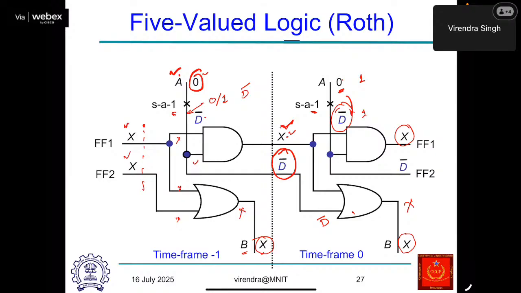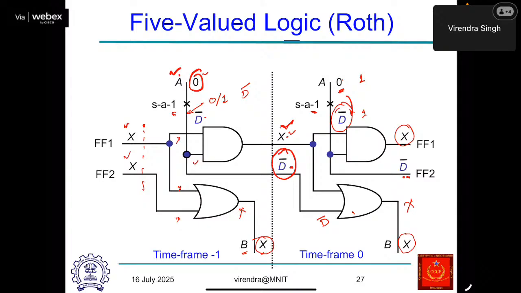Now the question is, is it really an untestable fault? This is not untestable. If I look at the one time frame, I am getting D bar over here. Every time I'm getting D bar over here, but this D bar is not able to propagate to the primary output. So combinationally, I can say that this particular fault is a testable fault.